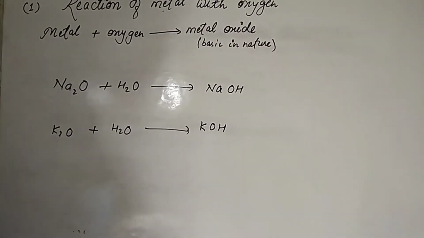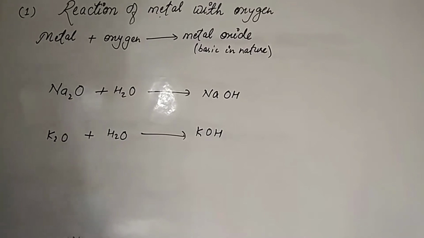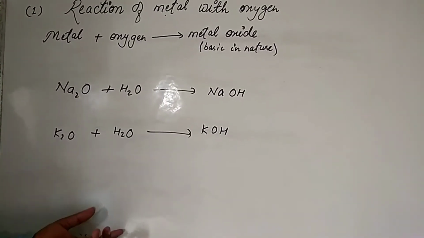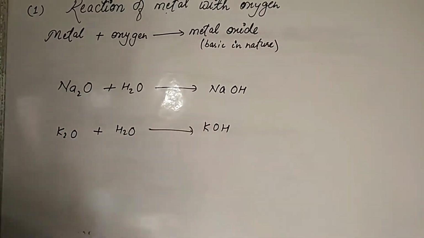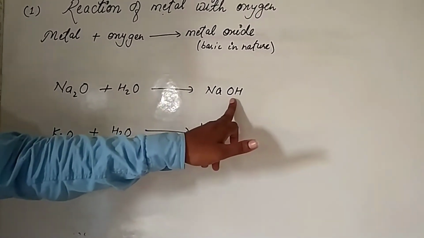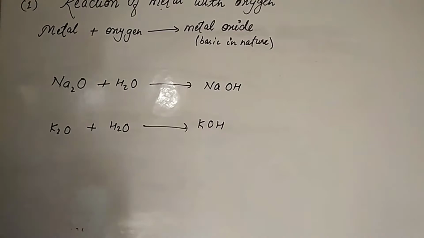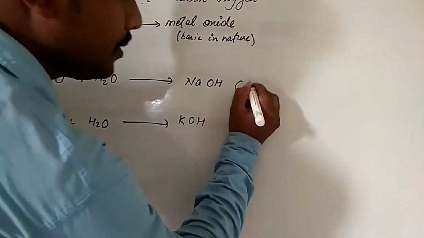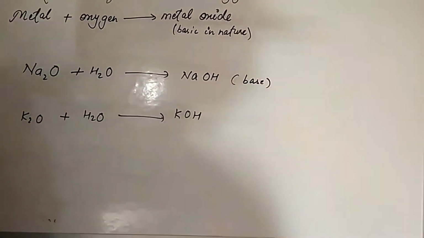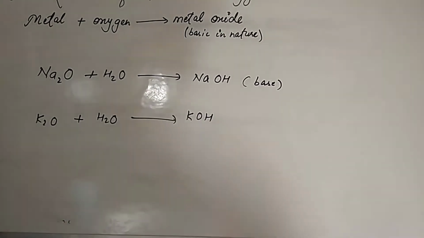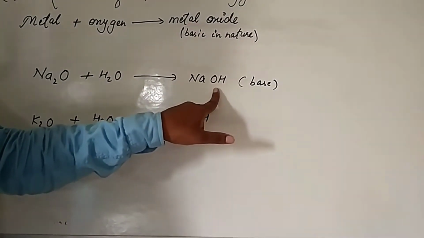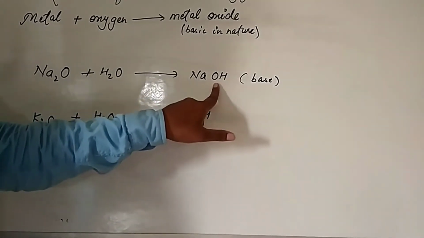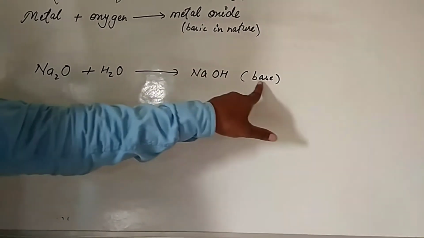So by Arrhenius theory, children, in chapter 2 part 3, I have explained that those compounds which dissociate and give hydroxide ion minus when dissolved in water are called base. Clear? Once again I repeat, those compounds which dissolve in water and give hydroxide ion minus are called base.